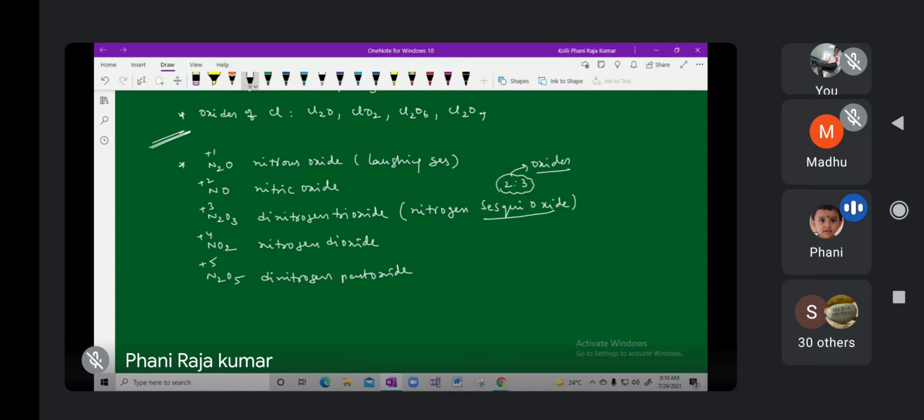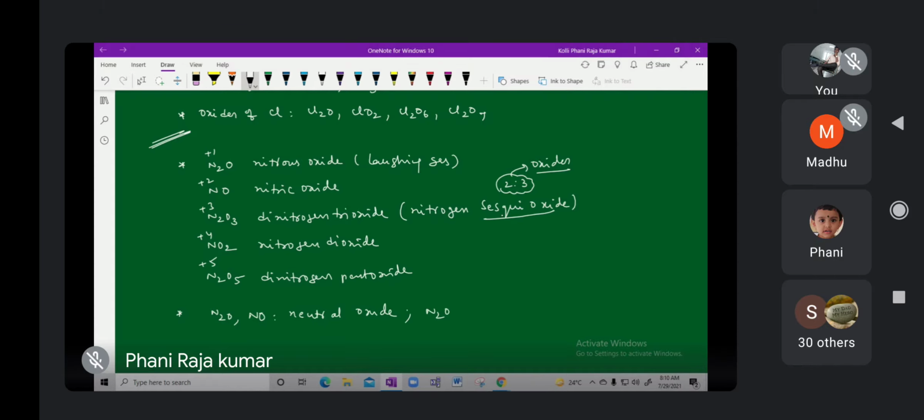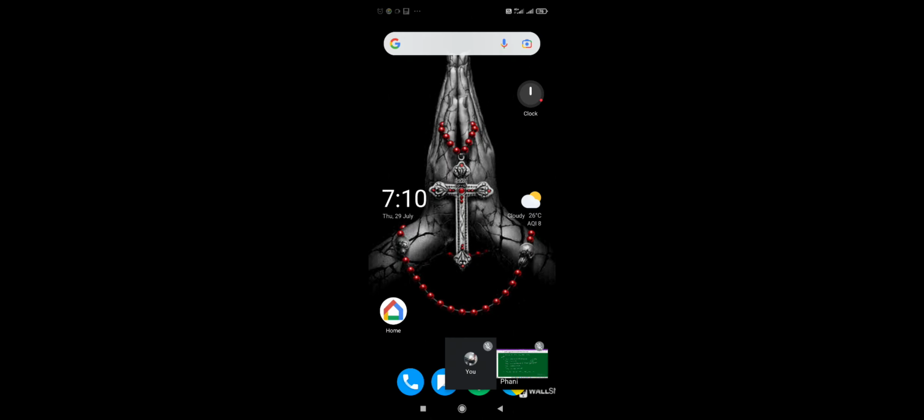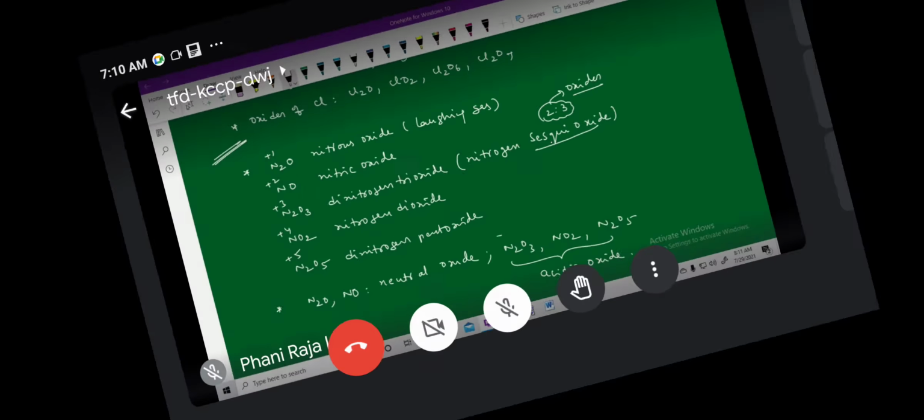As the oxidation state increases, the acidic nature of oxides also increases. So out of these 5 oxides, N2O and NO are neutral oxides. N2O3, NO2 and N2O5, these three are acidic oxides.